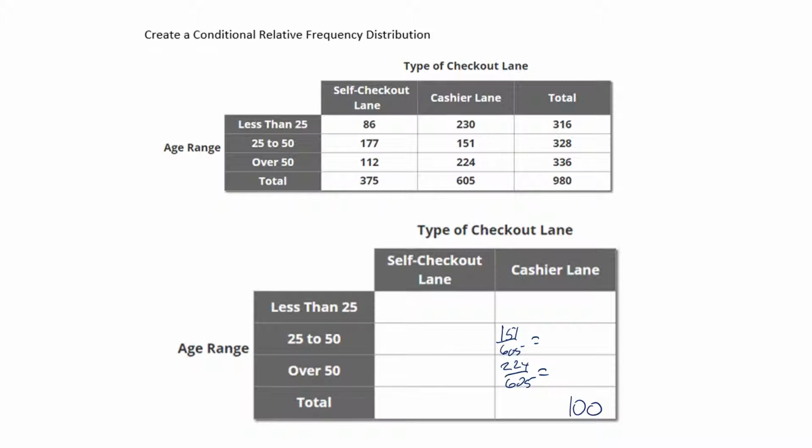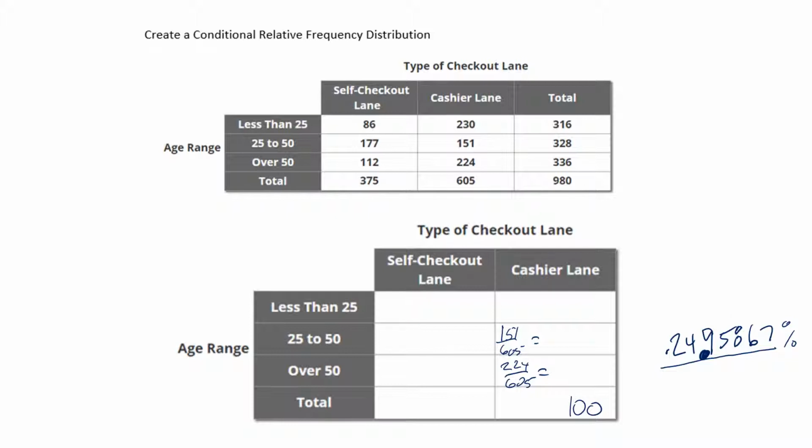So let's fill up the 25 to 50 range. 151 divided by 605 is 0.2495867, whatever. When I multiply this by 100, I'm going to have 24.95867 as a percent.